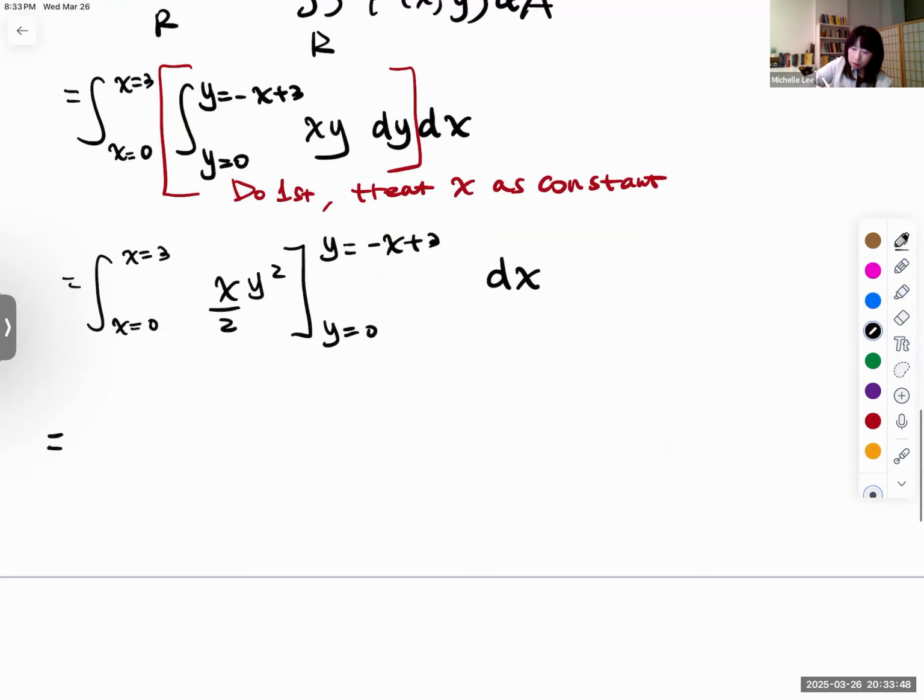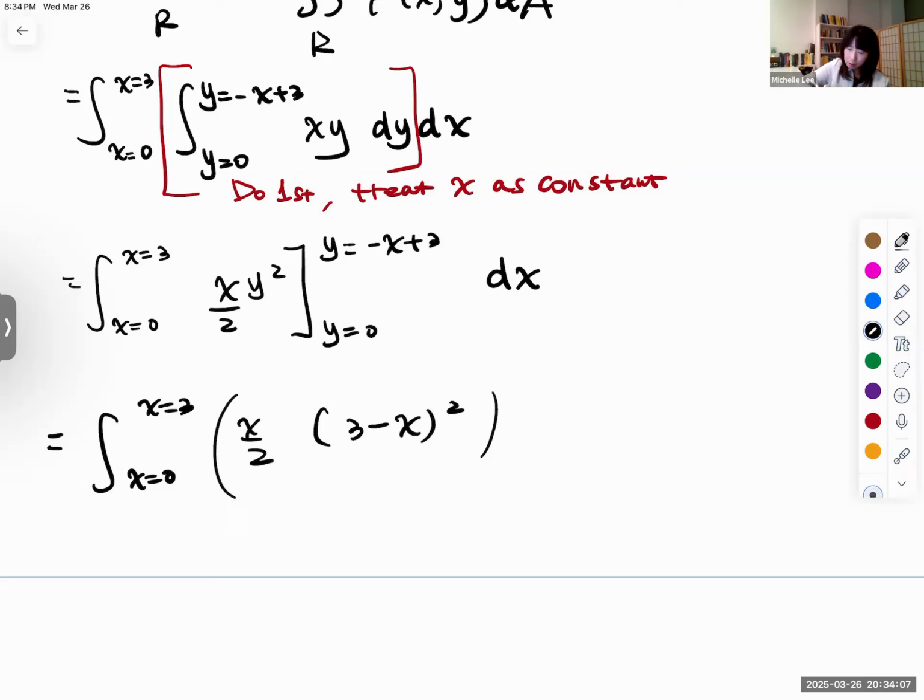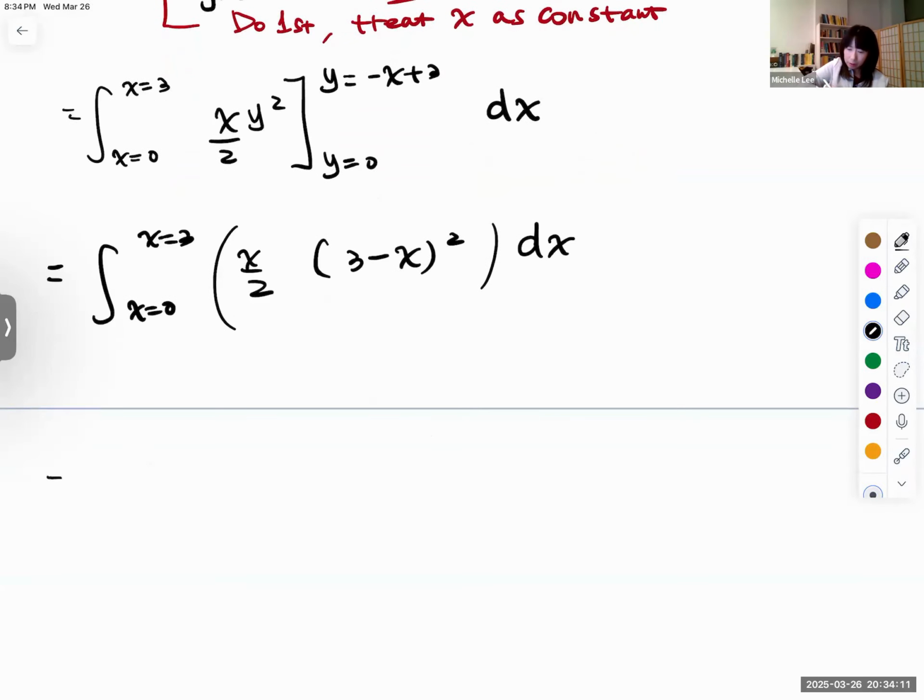X from 0 to 3. X over 2 is the constant. Y squared, so we will have (3 minus x) squared, let me write 3 first because it's positive, dx. All right, let's simplify.